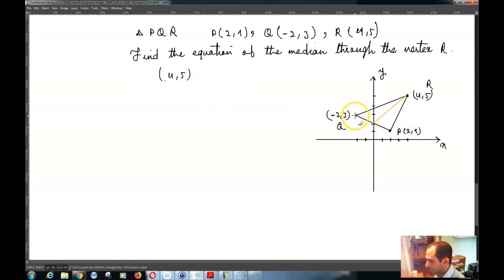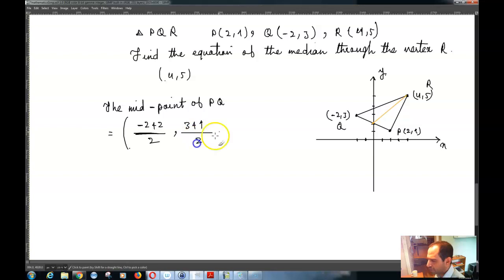So the midpoint of PQ is equal to (-2 plus 2) divided by 2, and then (3 plus 1) divided by 2, which is equal to 0, 2.